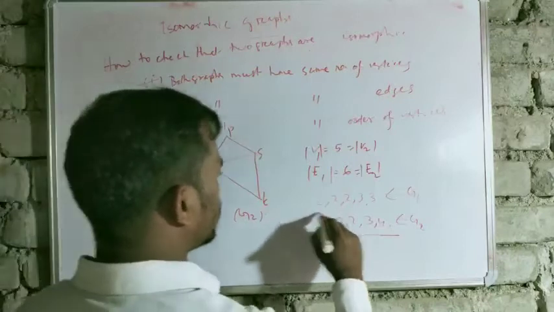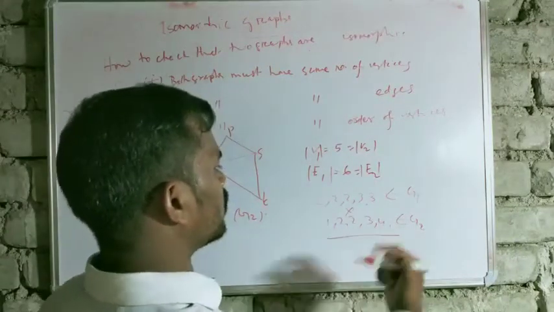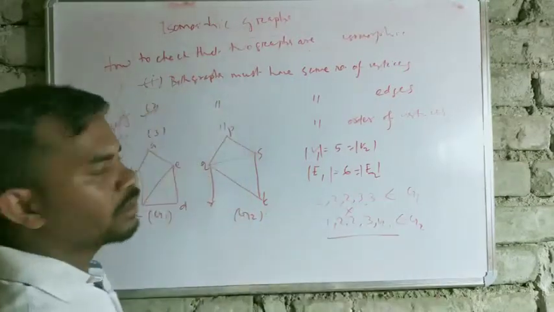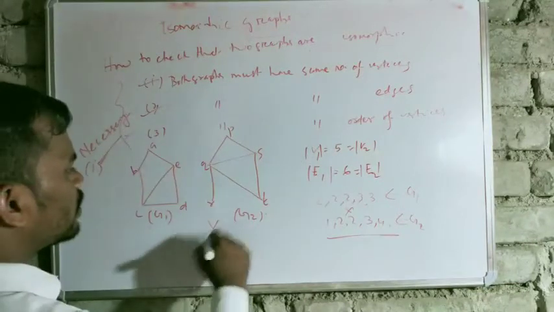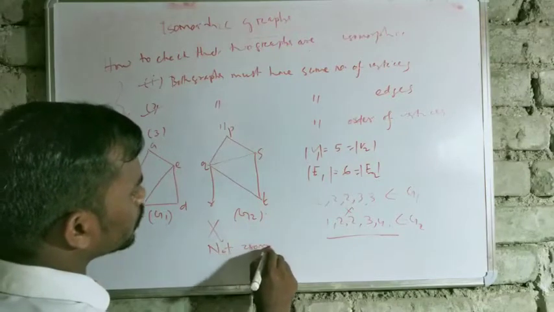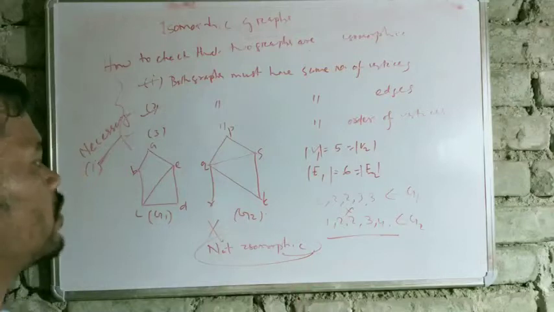And you see these are different. It is 2, 2, 2, 3, 3, and this is 1, 2, 2, 3, 4. That means the orders are not matching. That's why it is not satisfying the third point, and these two are not isomorphic.